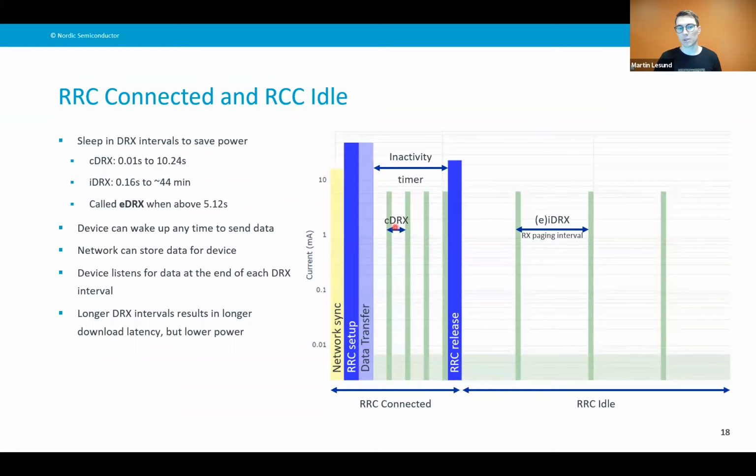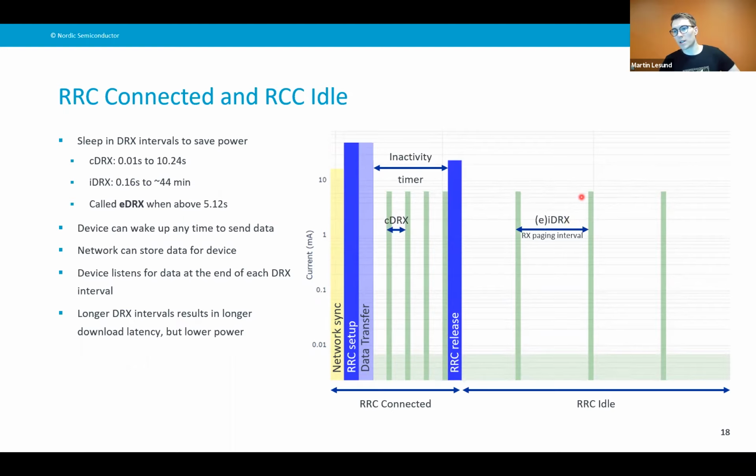In between those areas, you have something we call CDRX, connected DRX. And these are short intervals you can see here to see if there is something. And if you don't have anything more to send, or the network doesn't have anything to send to you, you go to this RRC release and you go directly to RRC idle mode. Here you can have the eDRX interval.